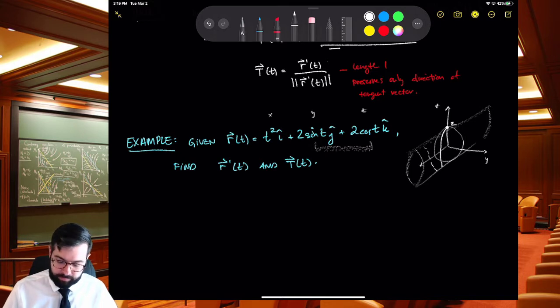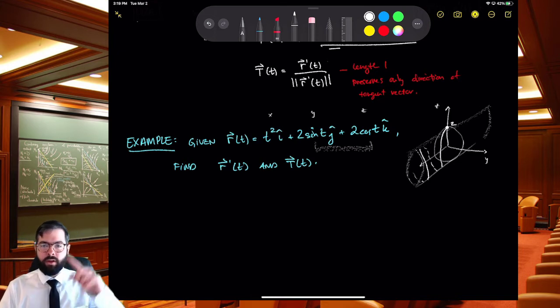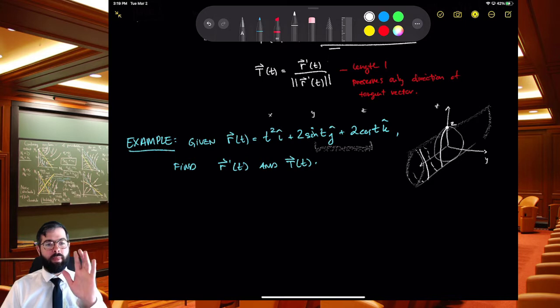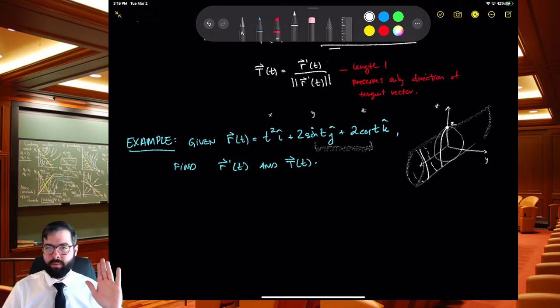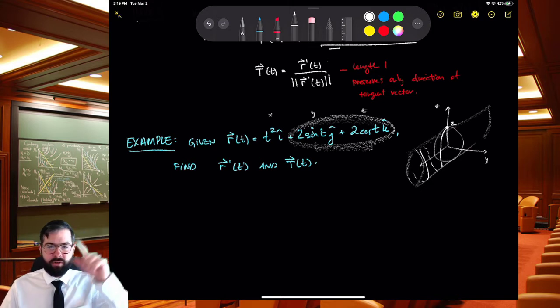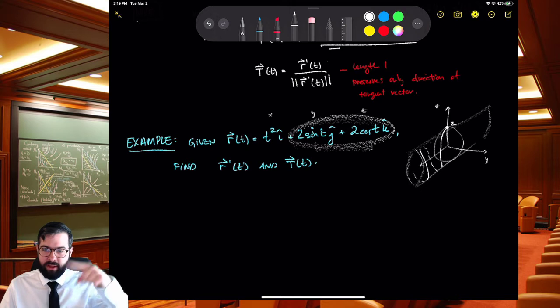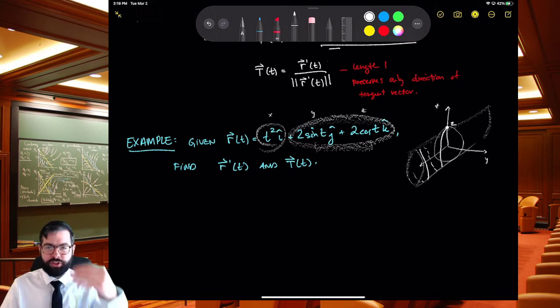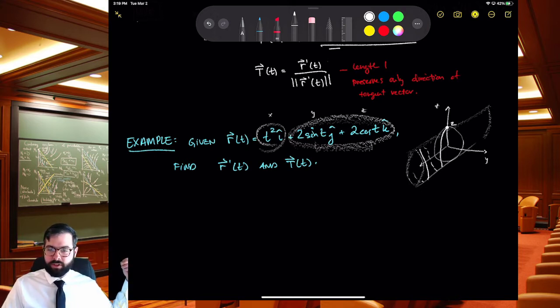It's a helix that wraps around the cylinder of radius 2 that's sticking out from the YZ plane. It lives along the x-axis. Does that make sense? I'm seeing this generating some swirling from that plane, and then this is stretching out my x in the t squared direction. So it's just an intuitive way to think about this curve.